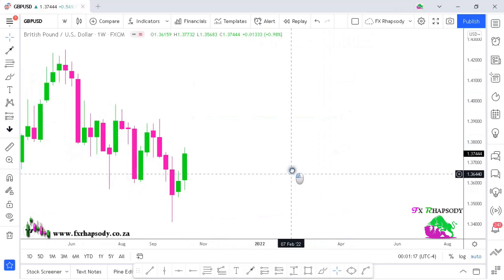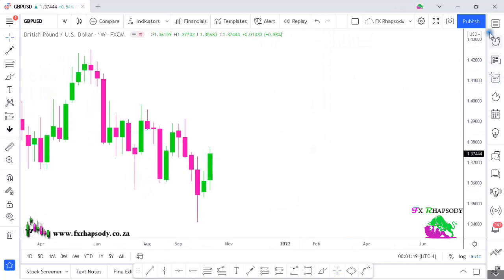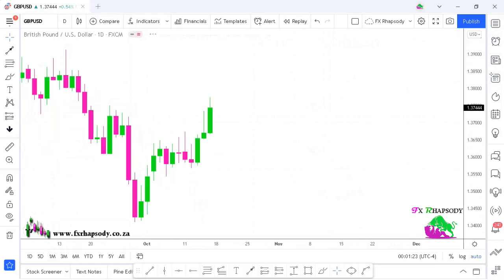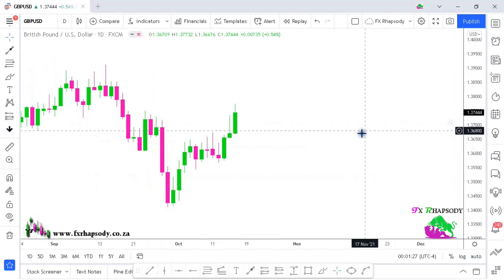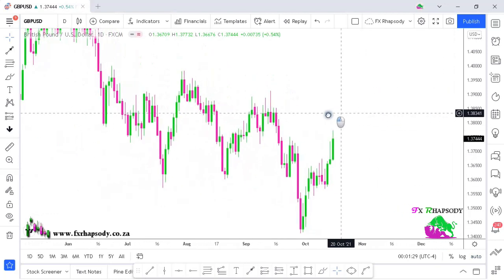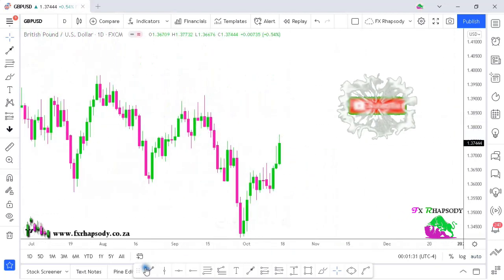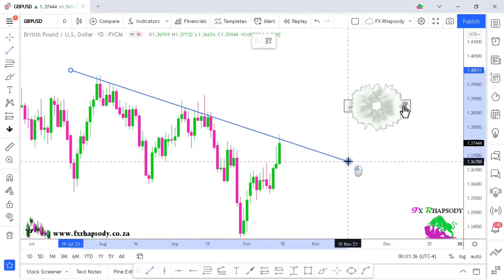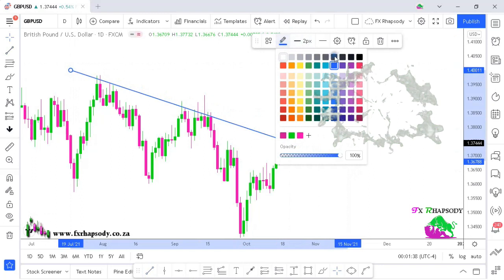Okay, now carry on to the daily time frame. Let's just draw it down a little bit to show you here. Let's make this black.